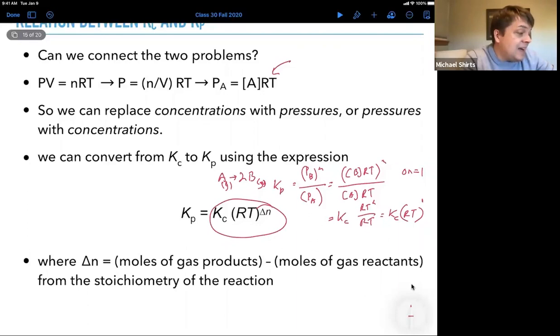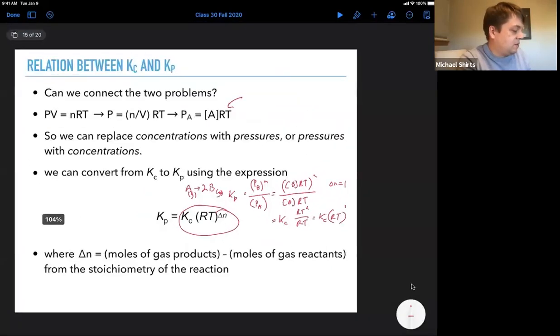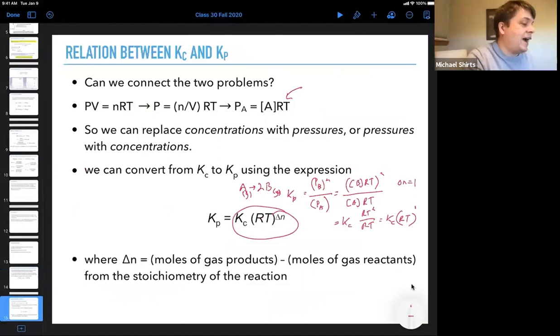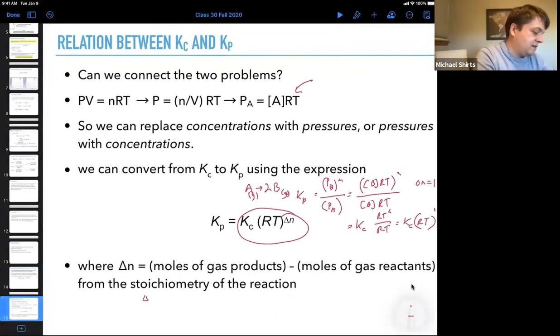So let's look at the last slide, right? In the last slide, going back one slide, there we started off with 2 moles of gas plus 1. And so we had 3 and we went to 2. All right, so here then we have delta N was 2 minus 3 equals minus 1.